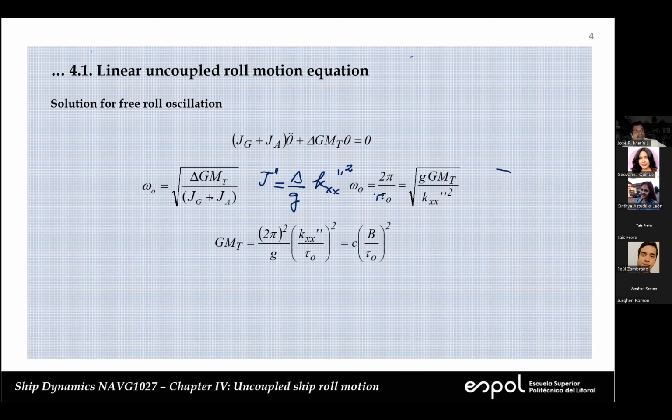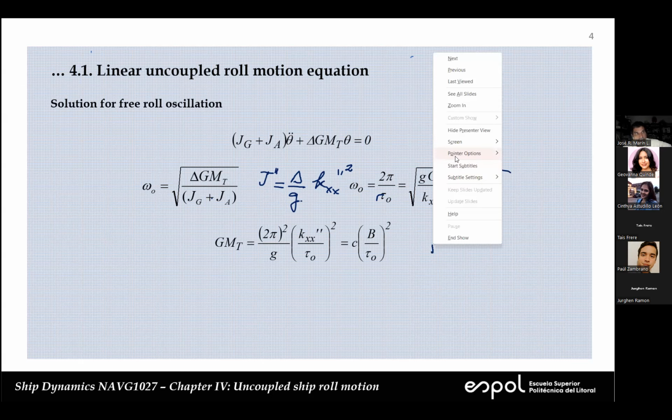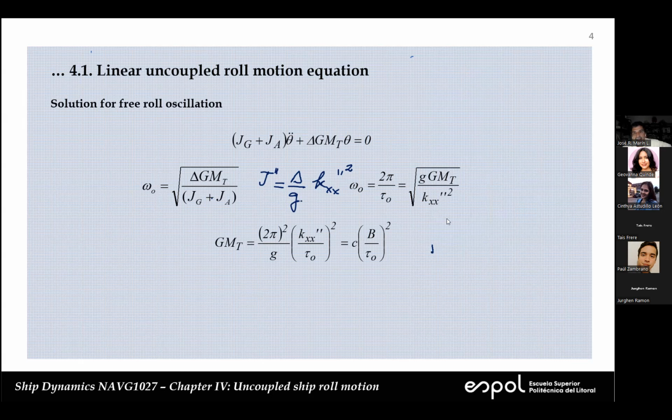So this is what the IMO recommends to analyze the GMT in the case when you have a small ship. When you have a small ship and you do an inclining experiment, the ship moves a lot, so it's very difficult to make a measurement with the pendulum.